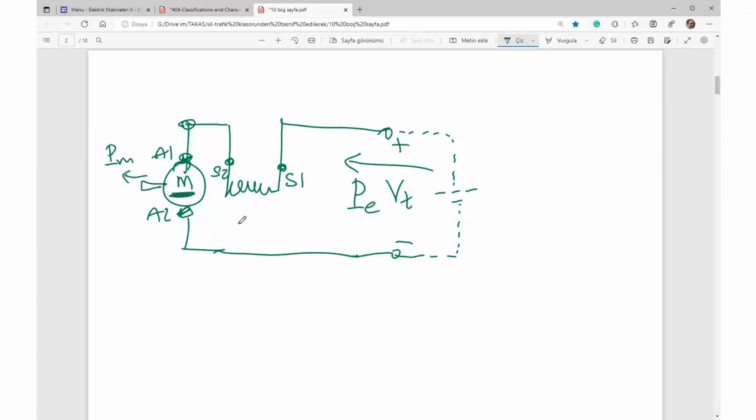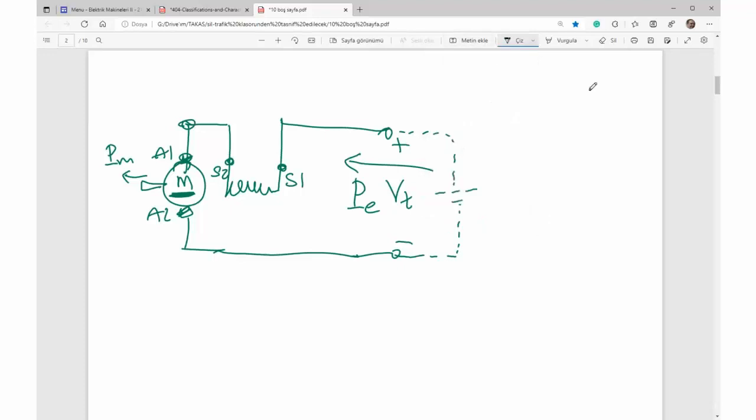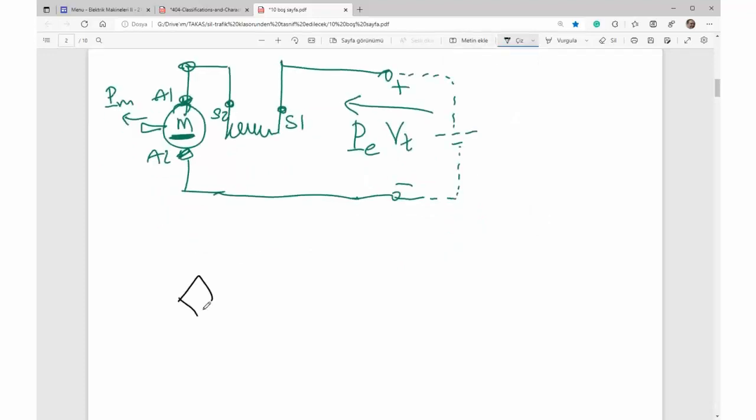And now let's draw the equivalent circuit. Here's the armature circuit, plus and minus EMF. Inside the armature there is the resistance of the armature winding, and then here is the series-connected resistance. It is not compulsory to draw these resistances here because this is not a connection diagram, it is just an equivalent circuit.